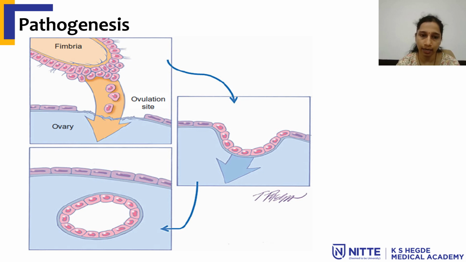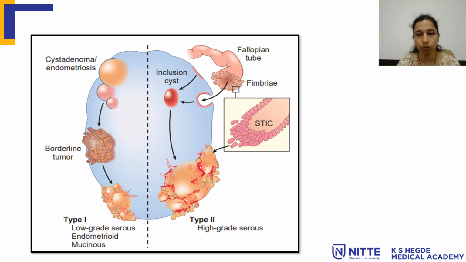So they can get implanted, and they can undergo cystic change. These cysts are called cortical inclusion cysts. So these inclusion cysts can be the source of serous ovarian tumors. That is why the serous tumors are known to resemble fallopian tube epithelium.